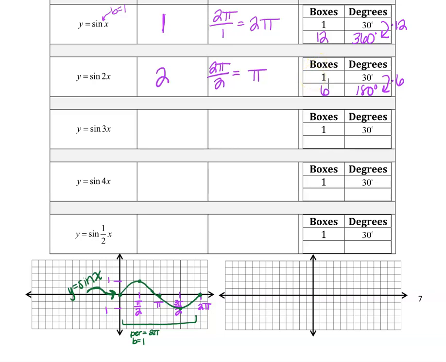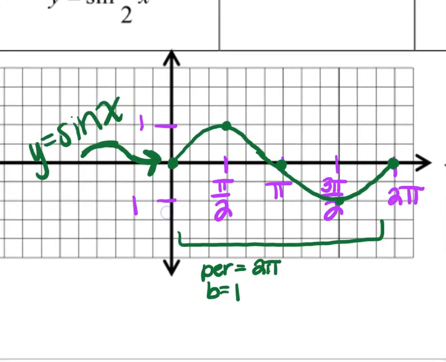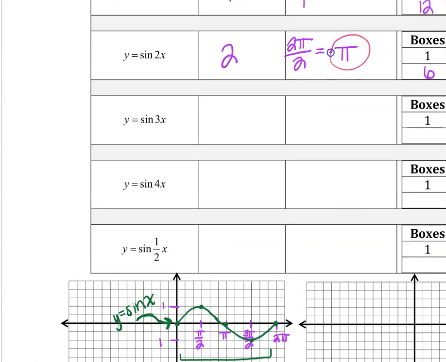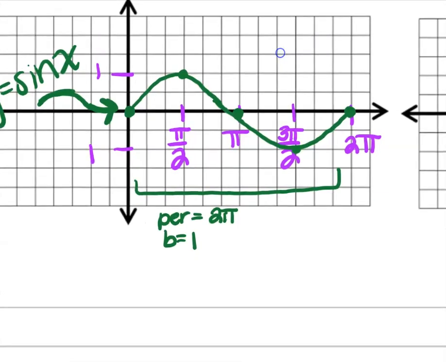Okay, so I'm going to come on down to the same grid. And I'm going to change my color here. Let's use pink. So what I just told you guys is you're going to see one full cycle of sine in pi units. So that's going to be in 6 boxes. If I zoom in here, that means, again, sine starts on the midline, so we're starting here, ending here.